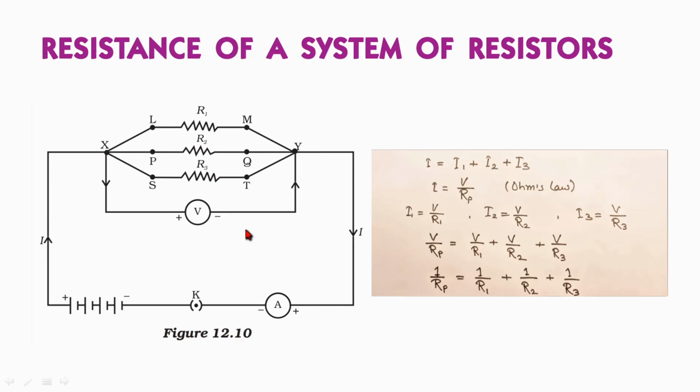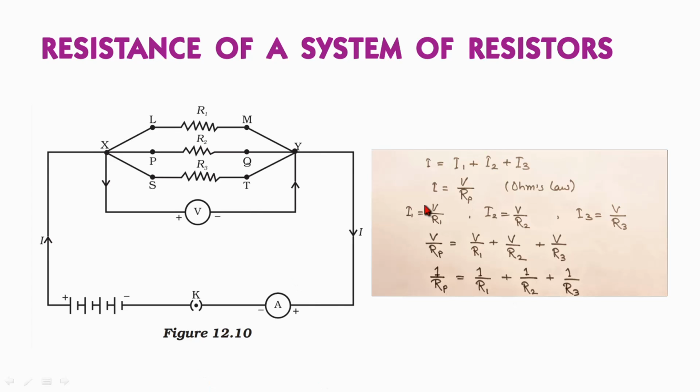In the series pattern, we saw that the current was common going through all resistors, but in parallel pattern, what is common across all resistors? Yes, it is the potential difference. The potential difference across all resistors is the same, but the current is different. Current will divide into three portions. Say for example, the current going in resistance 1 is I1, in R2 is I2 and in R3 is I3. So total current is equal to V over Rp, where Rp is the total resistance in parallel combination.